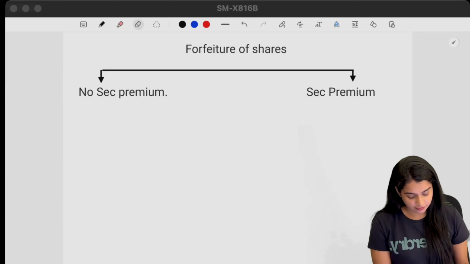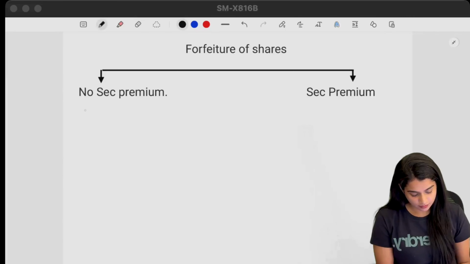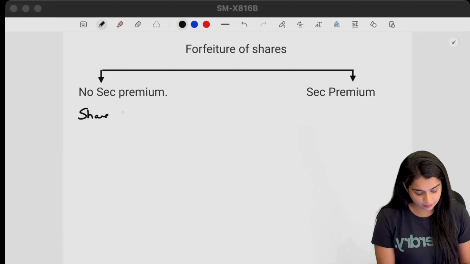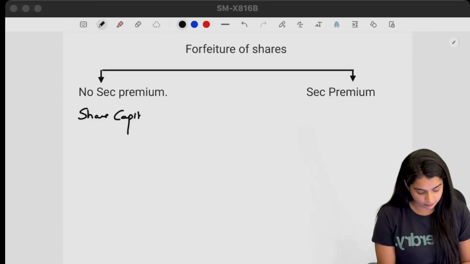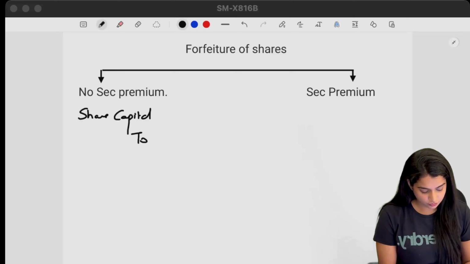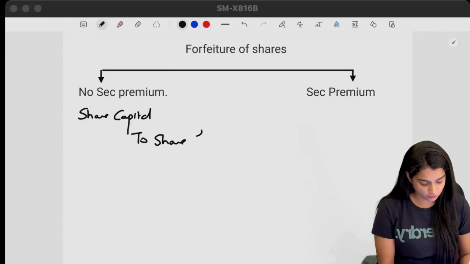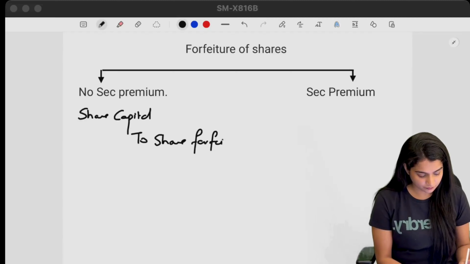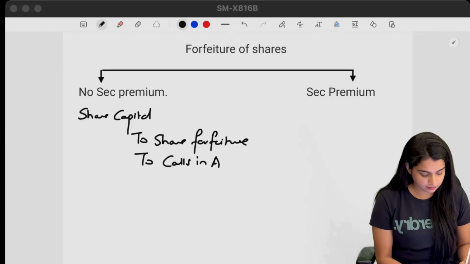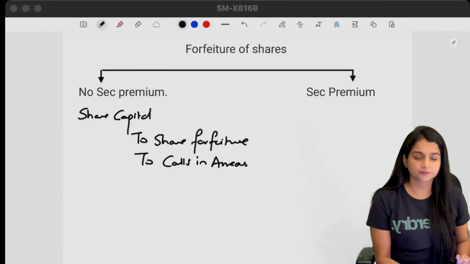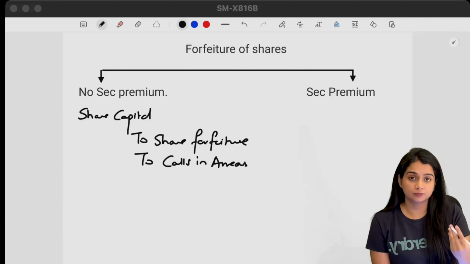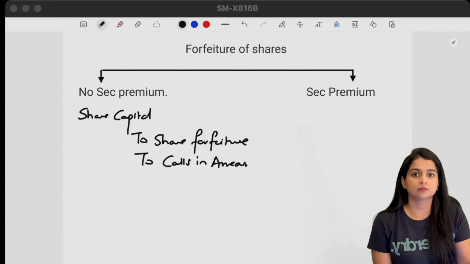It's basically share capital account debit, to share forfeiture, to calls in arrears. Now let me explain with the help of an example.